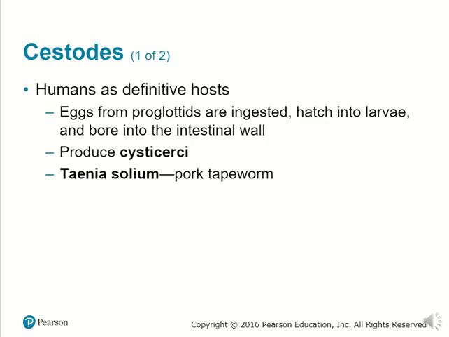Cestodes use humans as their definitive hosts. Eggs from proglottids are ingested in some way. They will hatch into larvae, and then they bore into the intestinal wall. They will produce cysticerci, as with Taenia solium, which is a type of pork tapeworm.